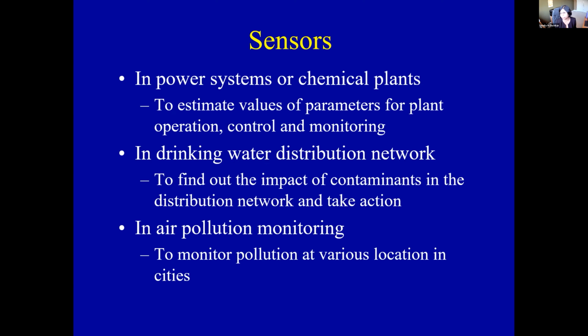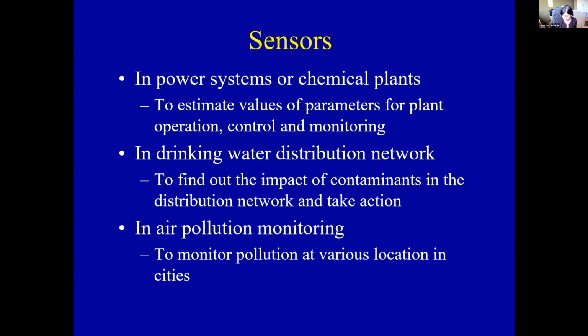In drinking water distribution networks, you are connected to different population centers, and the question is what is the impact if some contaminants get into the water on different populations, and whether we can stop that flow where the contaminant concentrations are high. In air pollution monitoring, the aim is to monitor pollution at various locations in the city or in the atmosphere. So you have different kinds of applications.